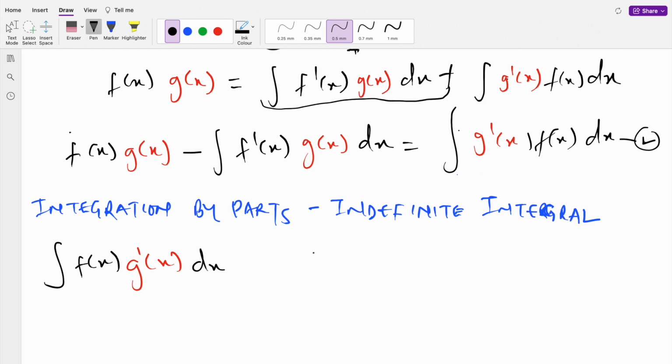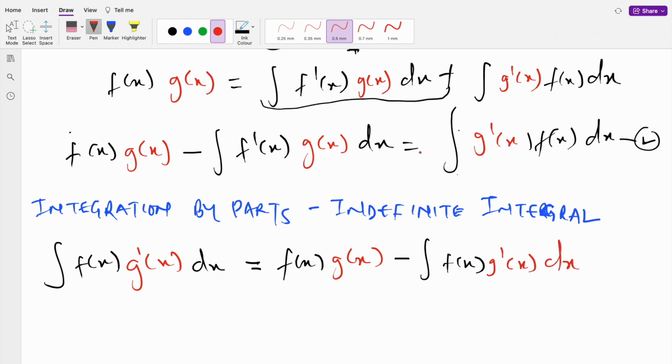I'm writing this one first, equals f of x g of x minus the integral of f prime of x g of x dx.